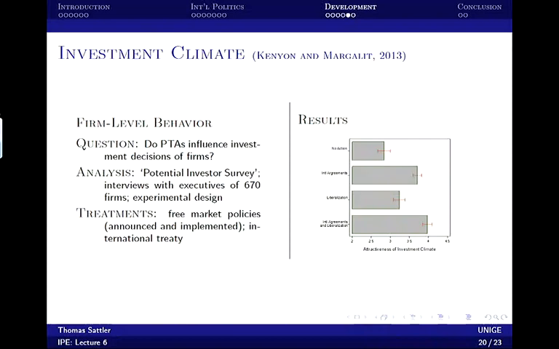So this treatment, telling the executive something about the preferential trade agreement, positively influences the assessment of the investment climate. If you just say something about domestic liberalization, it's good, but if you add an international agreement, the perception is way better.